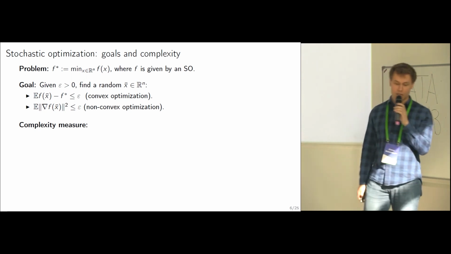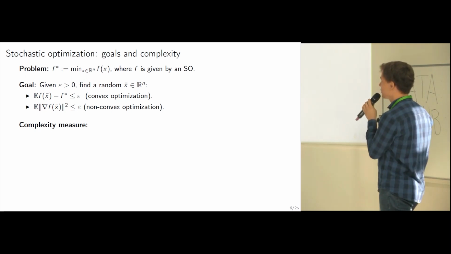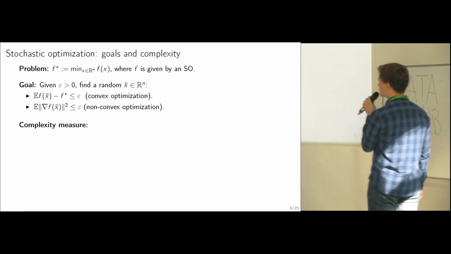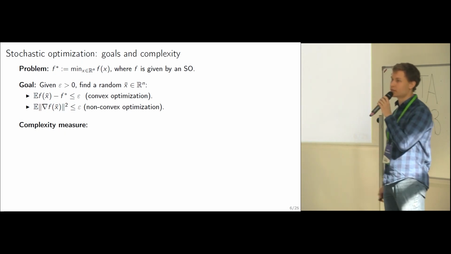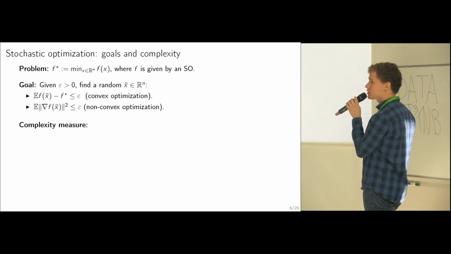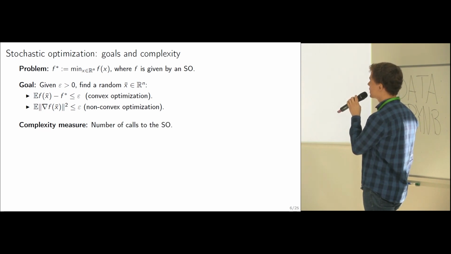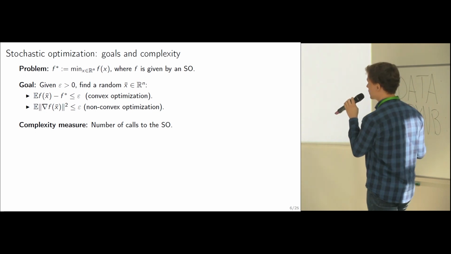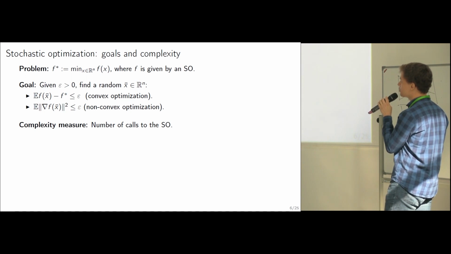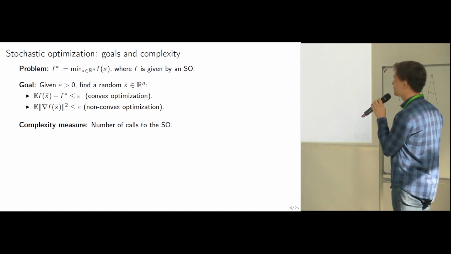Now, what is a good complexity measure? For example, we want to build some optimization method that solves this problem. How can we say that one method is better than another, and so on. And it is actually quite clear, when we have this notion of a stochastic oracle, that a good way to measure the complexity would be to measure the number of stochastic gradients that we need to request from our stochastic oracle in order to obtain this epsilon approximate solution.